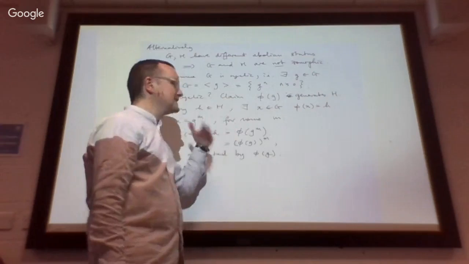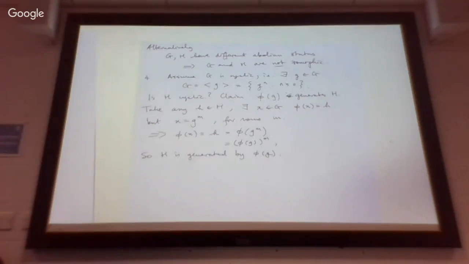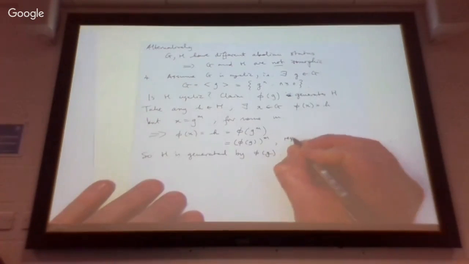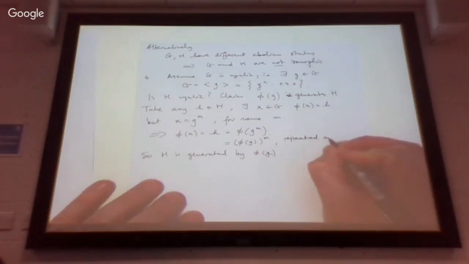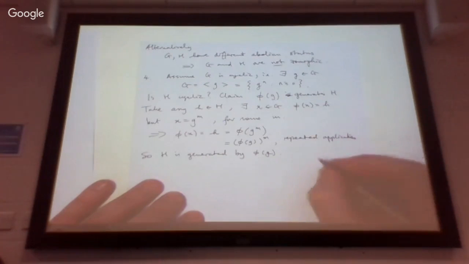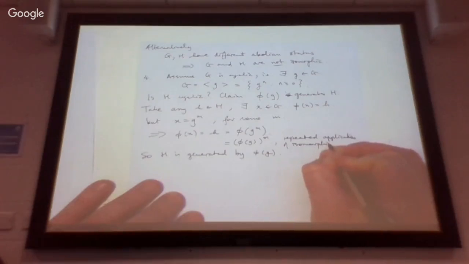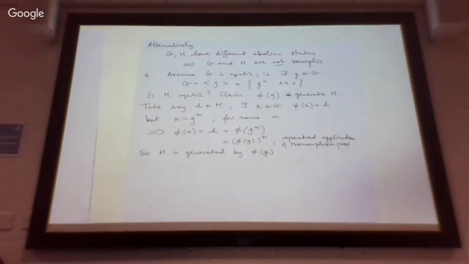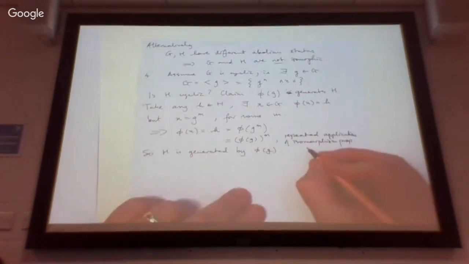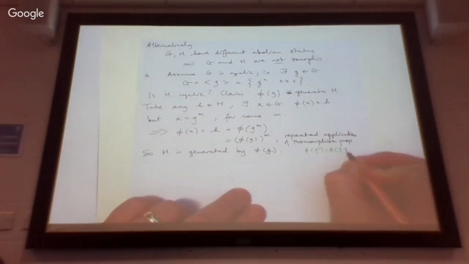So it's repeated applications of the isomorphism property. In fact, you may have even proved it as a lemma before that. So repeated applications of the homomorphism property. Strictly speaking, you'd need induction to prove this in general, but like phi of g squared, well, g squared is just g times g.